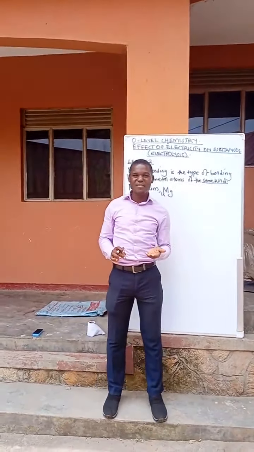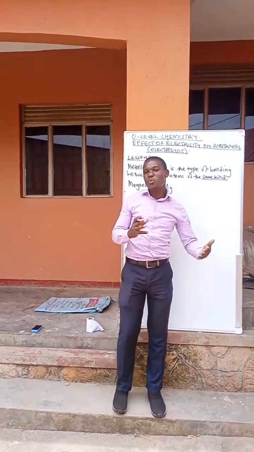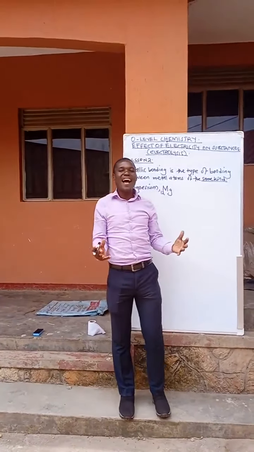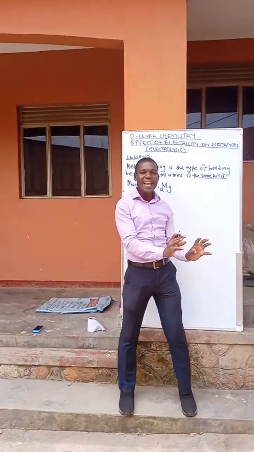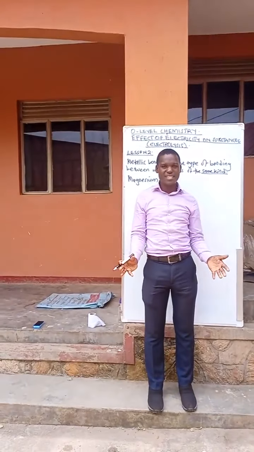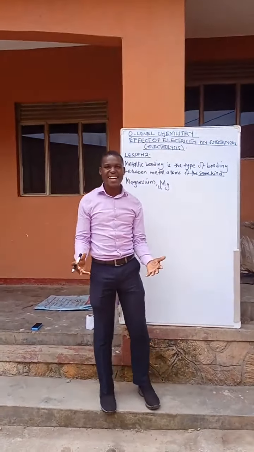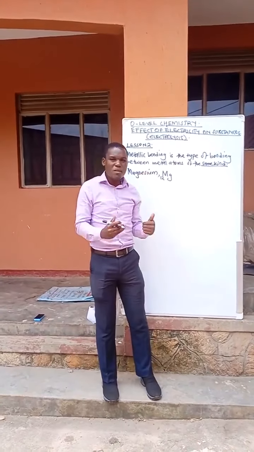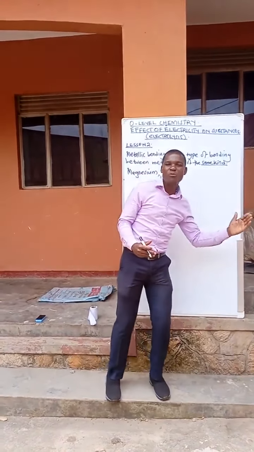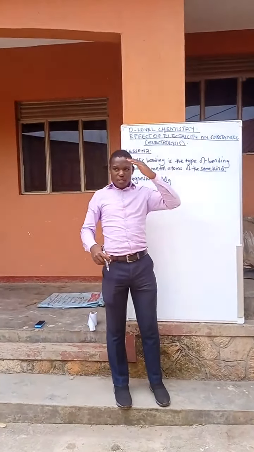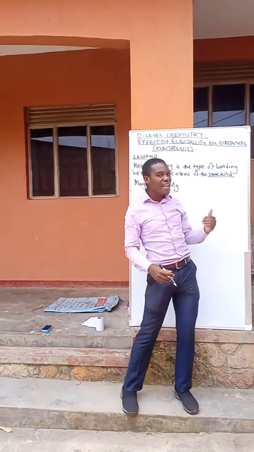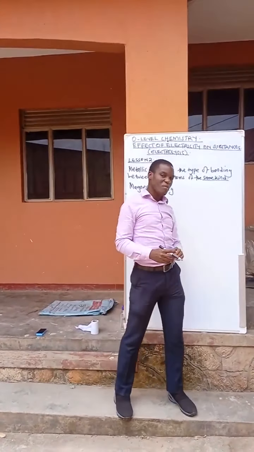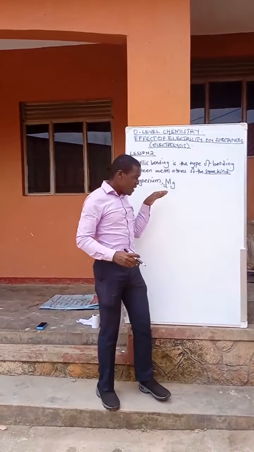I understand that that is one of the topics you love most, atomic structure. Atomic number is defined as the number of protons in the nucleus of an atom. You understand? Yes, and in an atom, the number of protons must be equal to the number of electrons. An atom qualifies to be called an atom if the number of protons is equal to the number of electrons.